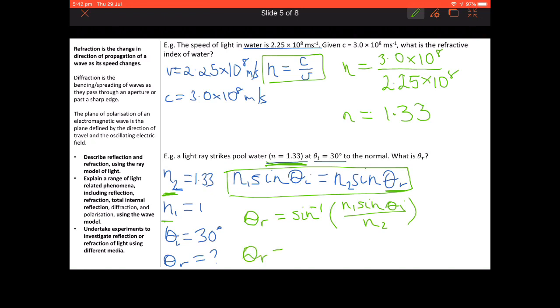This will be inverse sine of 1 multiplied by sine 30 divided by 1.33, and if you pop all of that into your calculator, you'll end up with a refracted angle of 22.1 degrees. So that's your angle of refraction in the water.